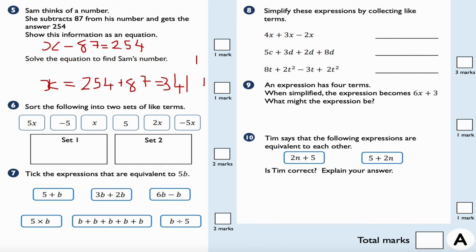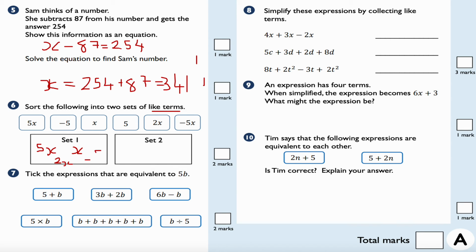This is question number 6, guys. Sort the following into 2 sets of like terms. So like terms means that I collect all of my letters in one set and all of my other letters or numbers into another set. So set 1, let's put all of my x's in here. I've got 5x, x, 2x, and negative 5x.